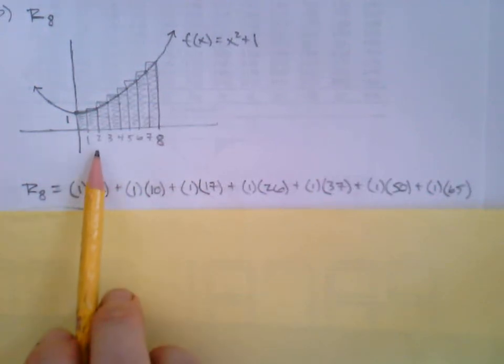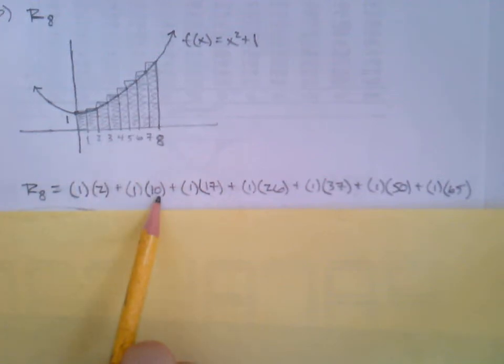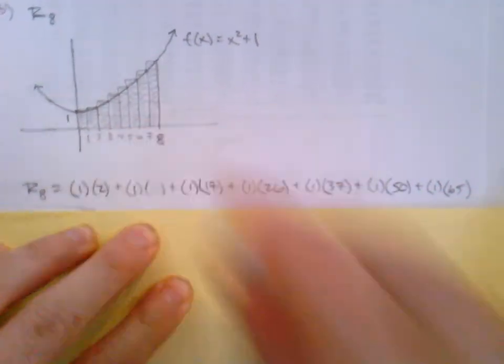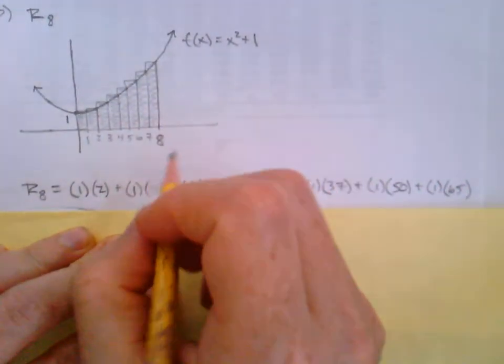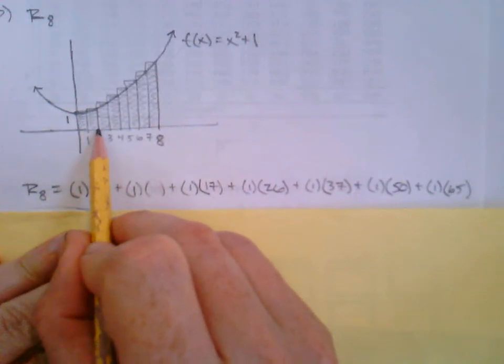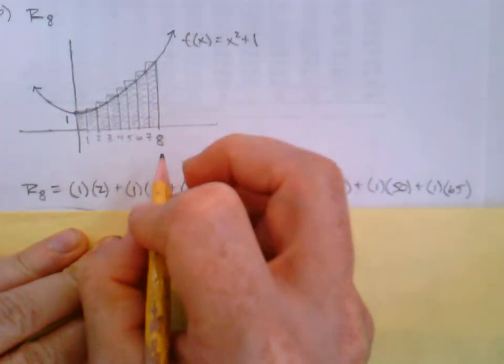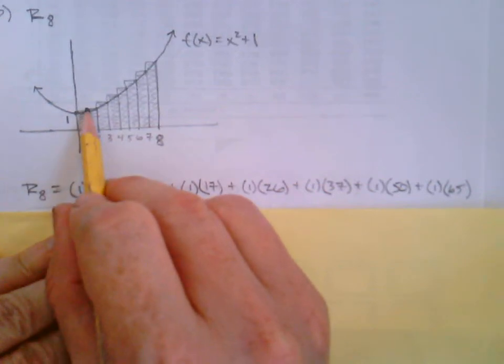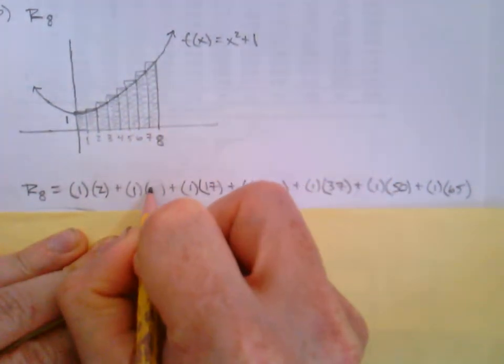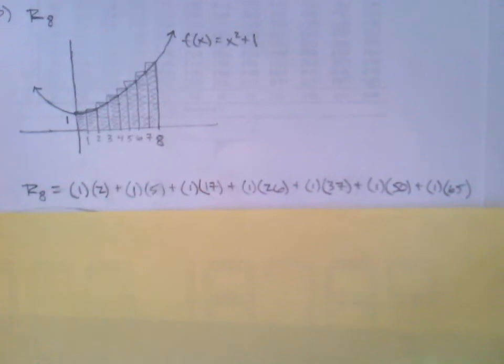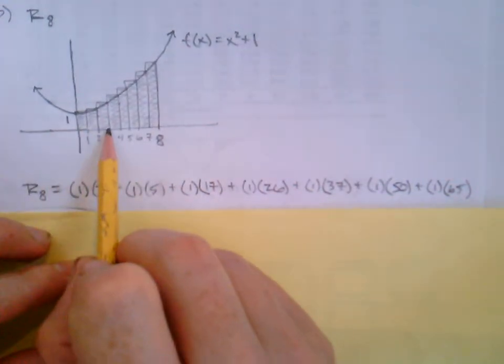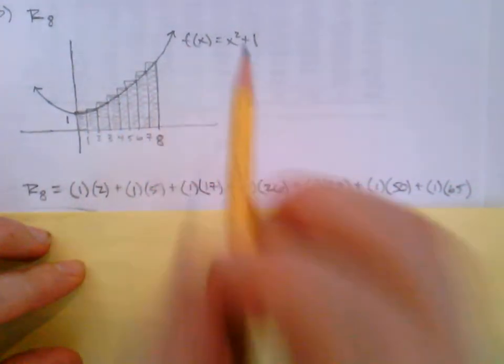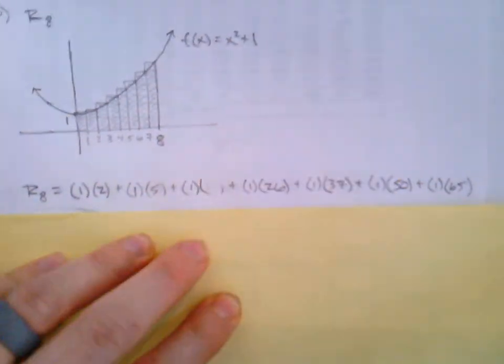The height at 2, why do I have 10 there? That's interesting. That should be 5. Okay. Yeah. The height at 3. There's the 10. I think I was off by 1.